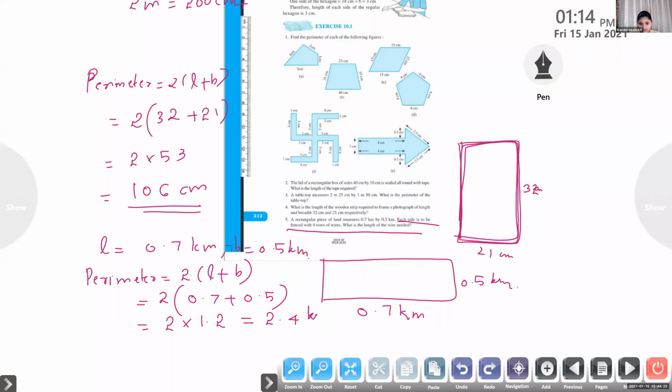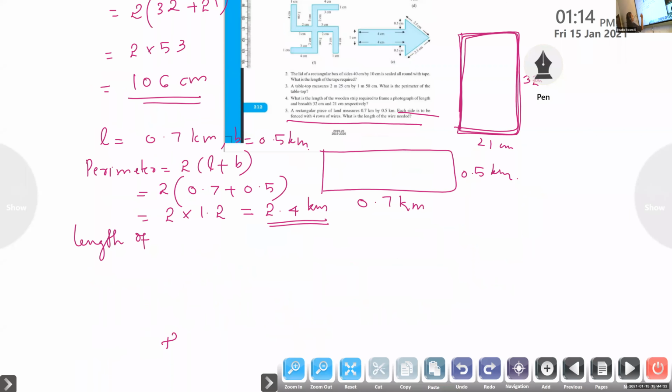Clear? Yes. And length of the wire needed equals this 2.4 into 4 rows of wires. So our answer is 9.6. Yes, 9.6 kilometer wire needed for this.